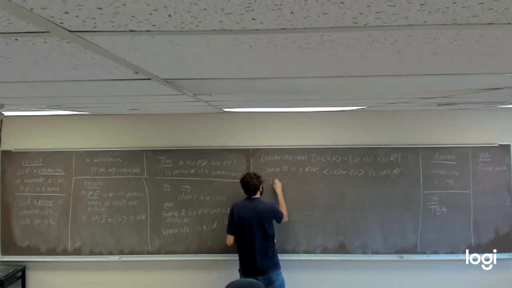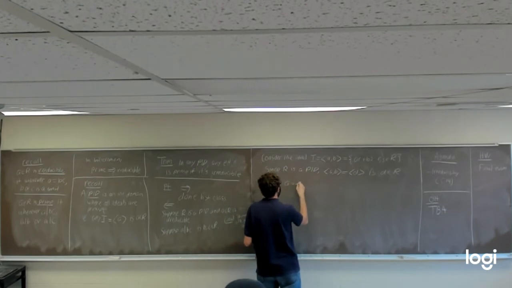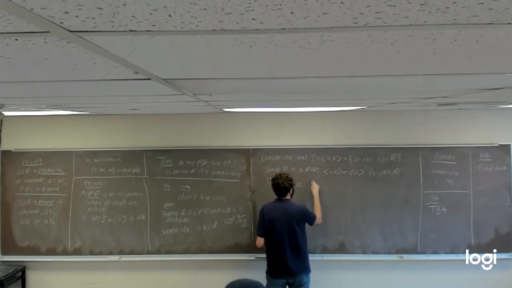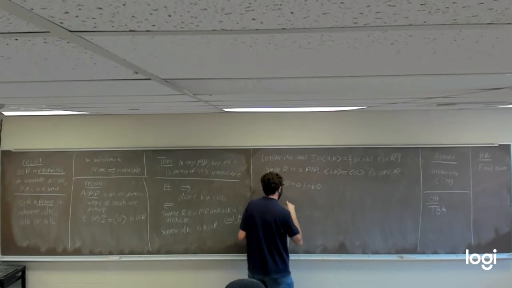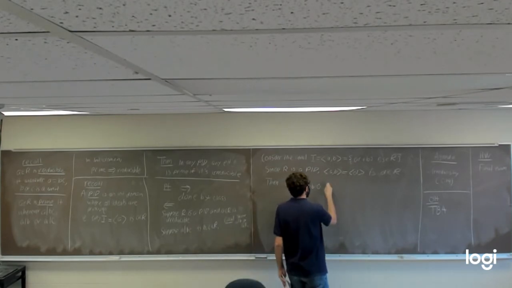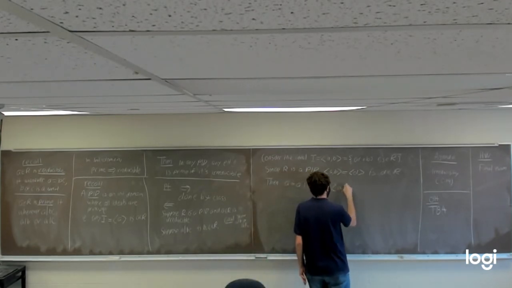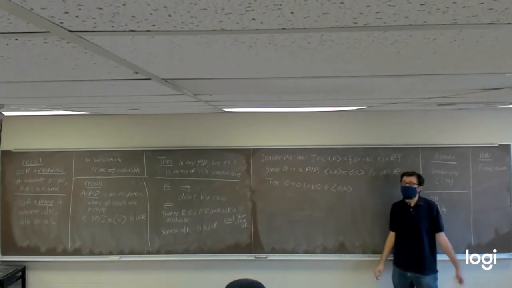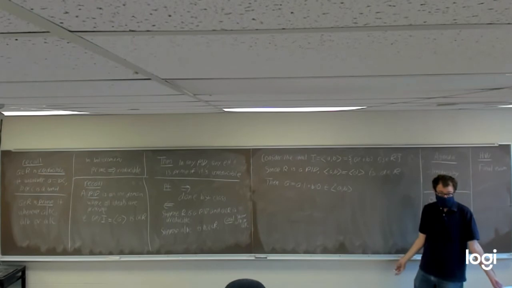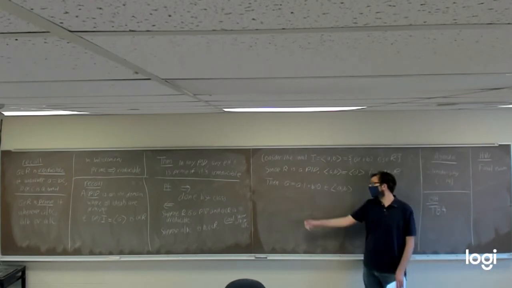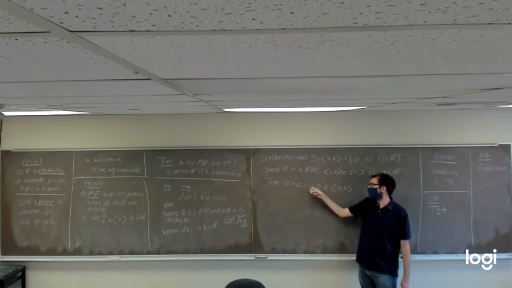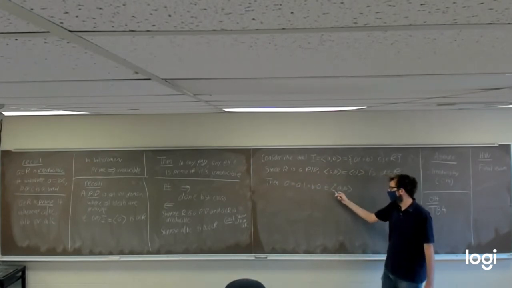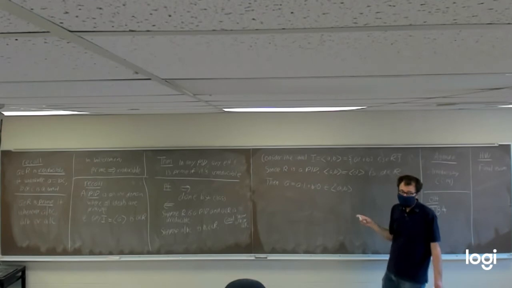Well, we know that A, which you can write as A times 1 plus B times 0, has to be in this ideal generated by A and B. We're in a PID, hence an integral domain, so we know we have a multiplicative identity of 1. Since we can write A in this way as A times 1 plus B times 0, that tells us A is an element in this ideal.